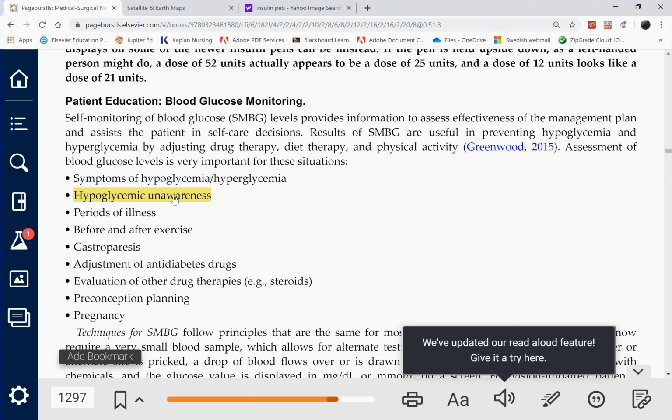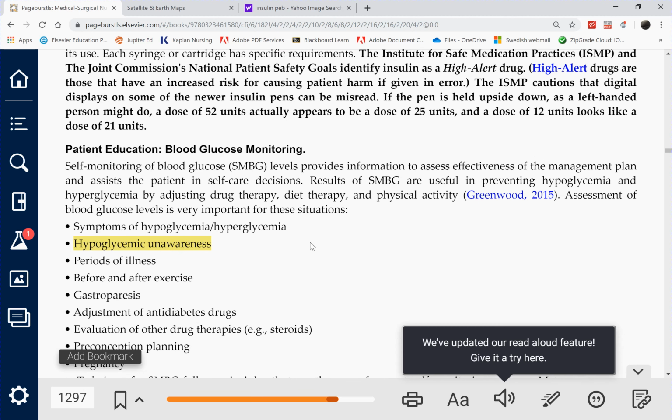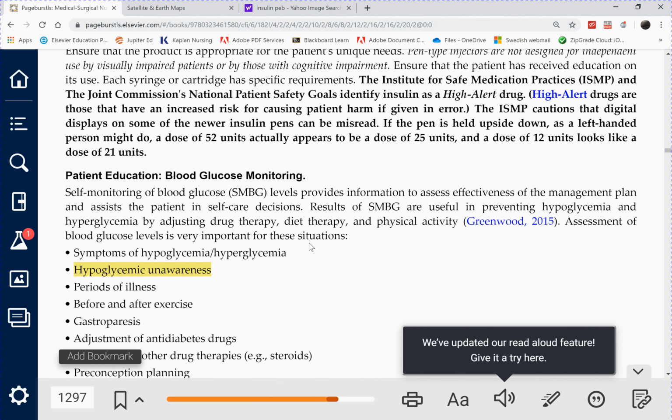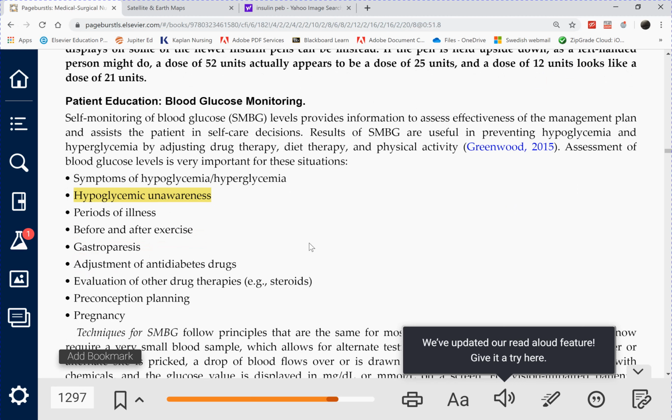Hypoglycemic unawareness. This can occur with patients with long-standing diabetes, especially those who are taking beta blockers. What happens is since hypoglycemia is life-threatening, it is an emergency, it will trigger adrenergic symptoms. Adrenergic symptoms are those symptoms of the sympathetic nervous system, fight or flight.